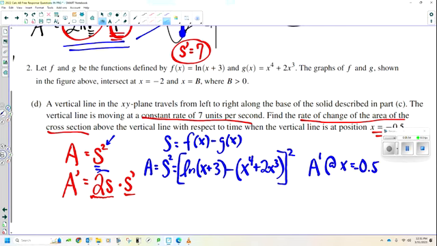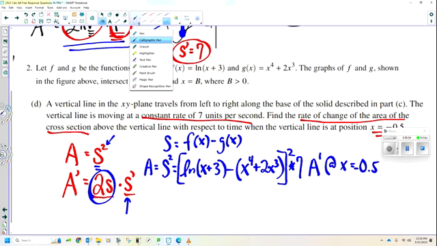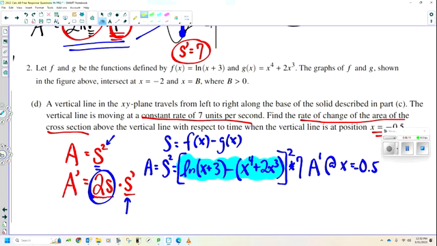But I still have to multiply it times 7, that constant rate. So in my calculator, I'm going to get this derivative when x is negative 0.5, and then I have to multiply that times 7.